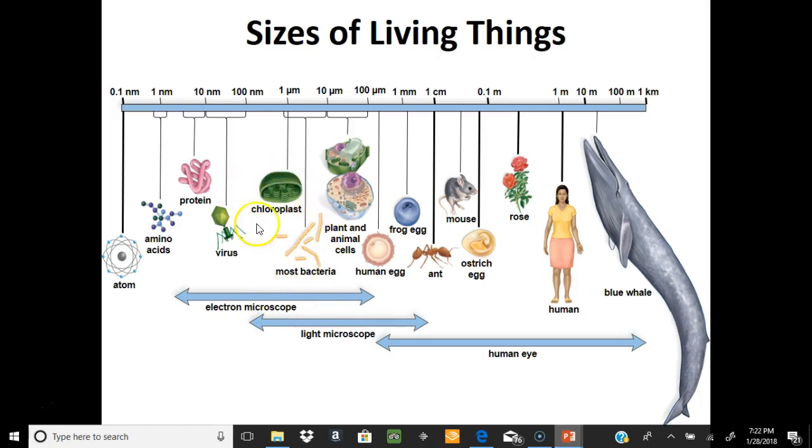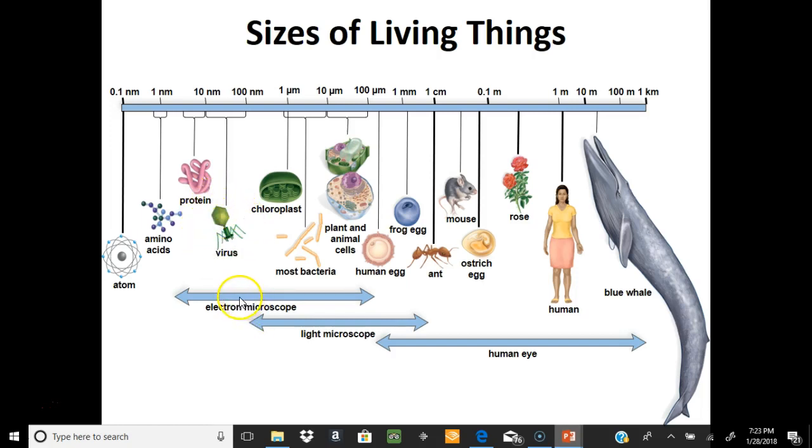We can even see organelles that are found inside of cells, but we can't see the individual molecules that make up the organelles or the bacteria. And we also can't see viruses. Viruses are super small.